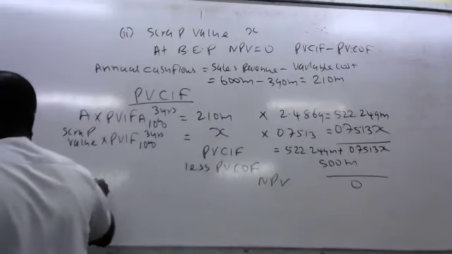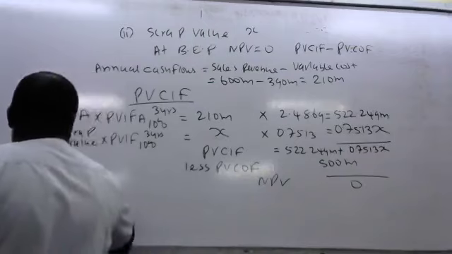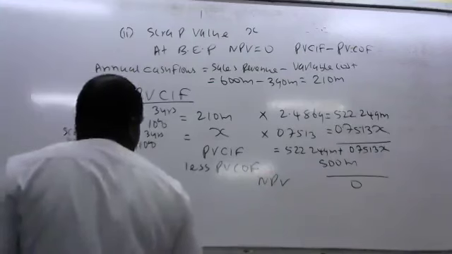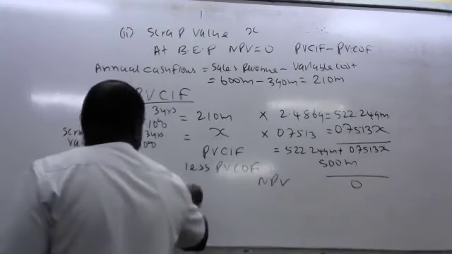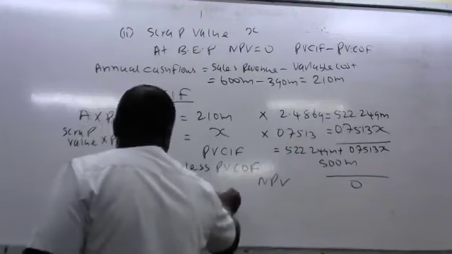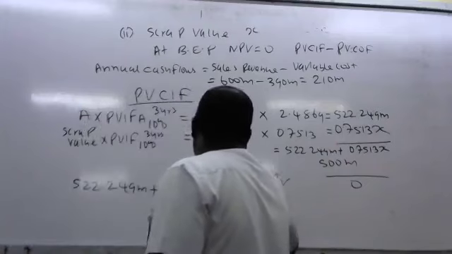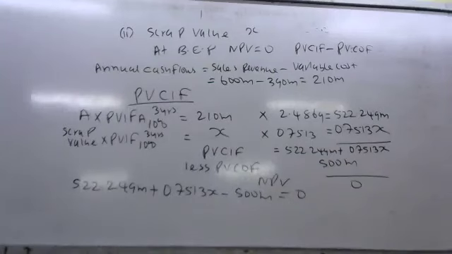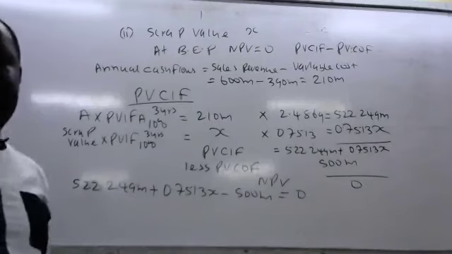522.249 and plus 0.751. So make X to be the subject.